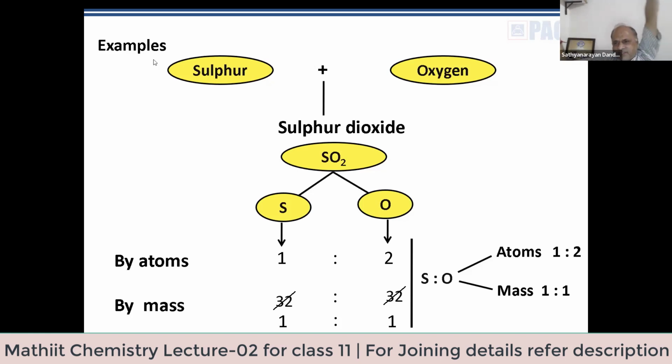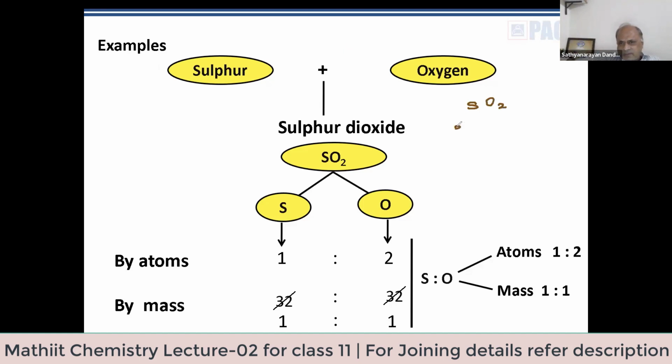How? First the definition. Whenever elements combine, they do so in a fixed proportion by mass or by atoms. So we write the formula and then write the ratio by mass and atoms. Why did I write 32 is to 32? Because in SO2, how many sulfurs are there?